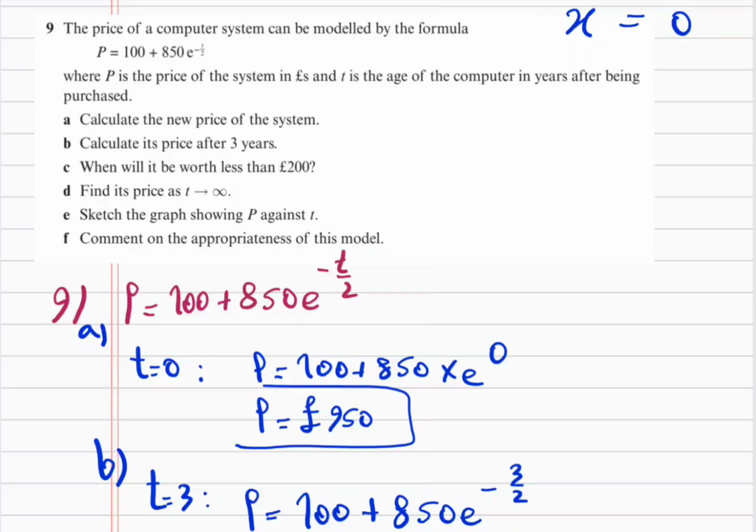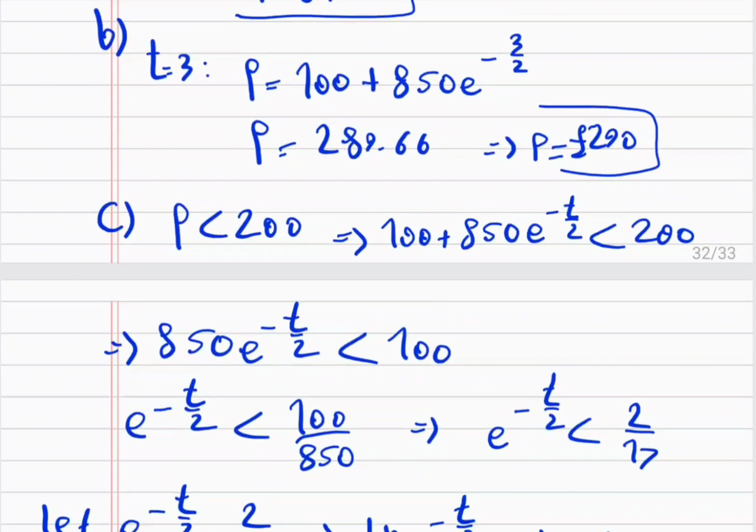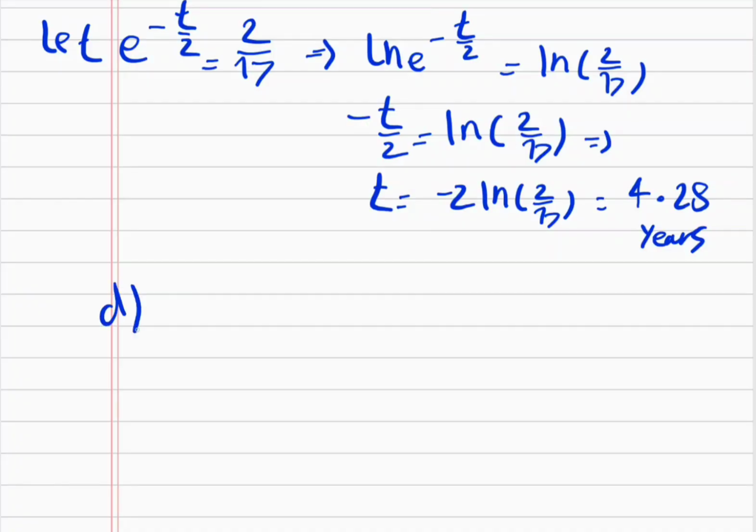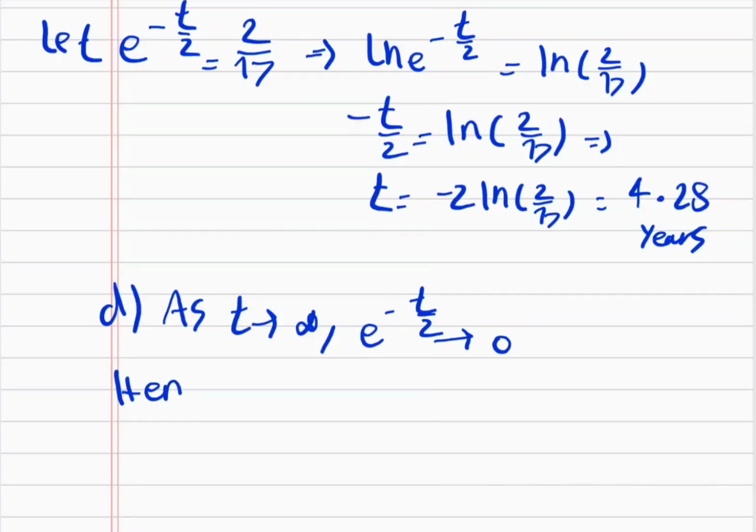So that means that, just to write this down, as t approaches infinity, e to the minus t over 2 approaches zero. Therefore, basically p tends to 100 plus 850 times 0, which is just 100.